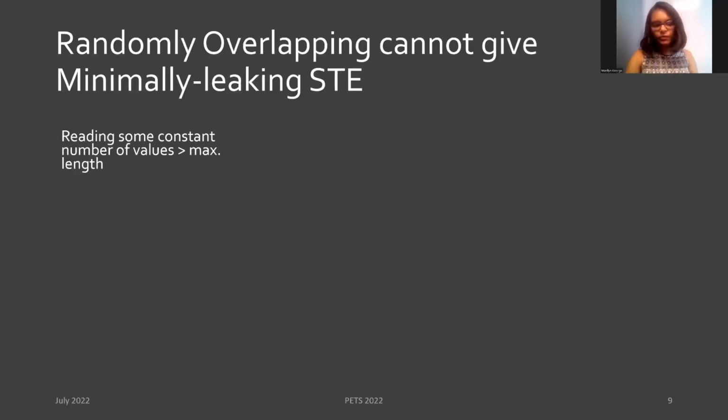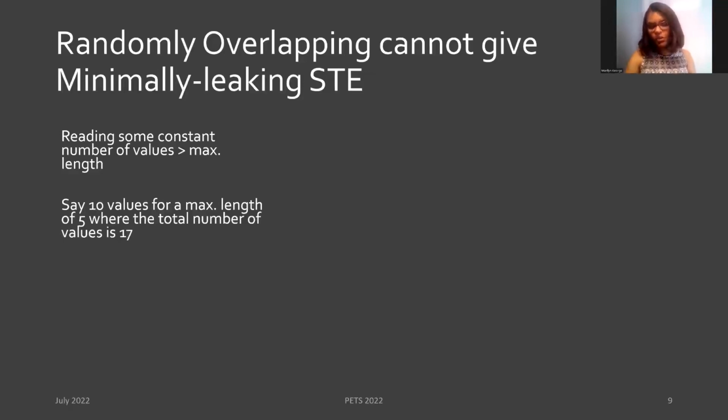We're allowing for a constant number of values to be read, which is greater than the maximum length. Earlier, our results said exactly the maximum length of values has to be read. Now we're allowing for more than that to be read. Say, for a concrete example, we allow the scheme to read 10 values for every query, when the maximum length in the multimap is only 5.